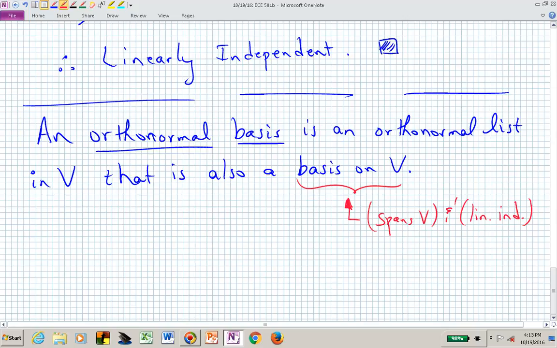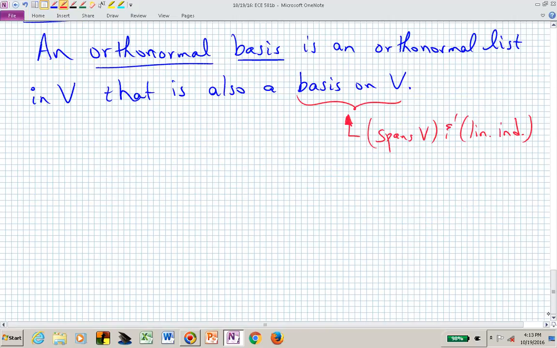So an orthonormal basis is an orthonormal list. We just showed that an orthonormal list is linearly independent. And if it's a basis, then it spans V. So we're given these two. If somebody gives us an orthonormal basis, then we have an orthonormal list that does both of these. It's linearly independent and it spans V.